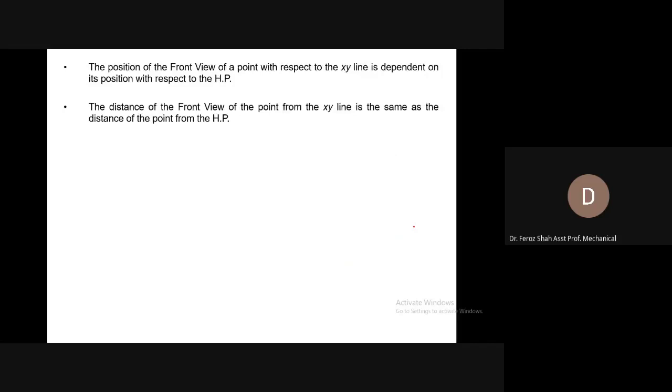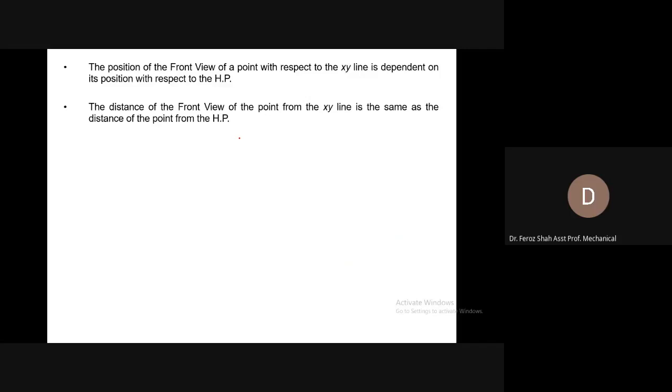So the position of the front view of a point with respect to the XY line is dependent on its position with respect to the horizontal plane. The distance of the front view of the point from the XY line is the same as the distance of the point from the horizontal plane. So if the point is, for example, 10 millimeter above the horizontal plane, its front view will be 10 millimeter above the XY reference line.